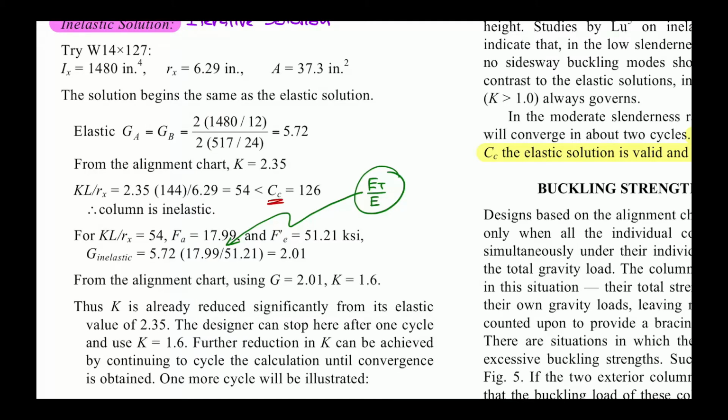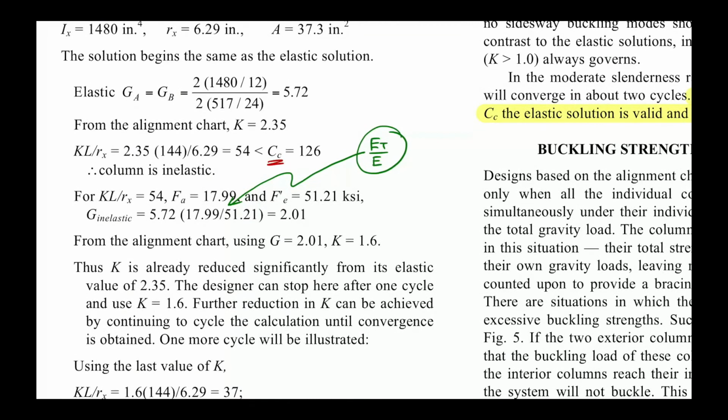Now, as you know that it is inelastic buckling, you just need to follow the steps given by Uras, because the G will be redetermined. So the K will be redetermined using the inelastic G.